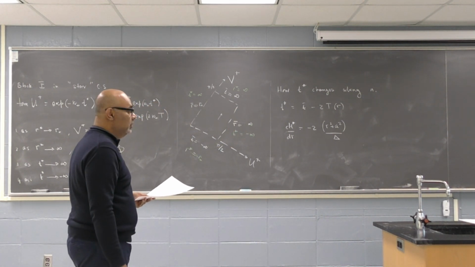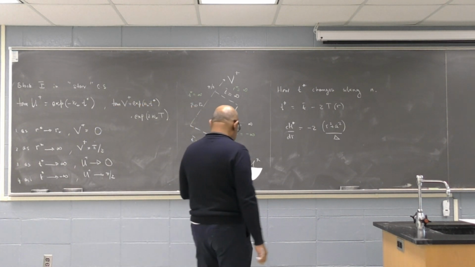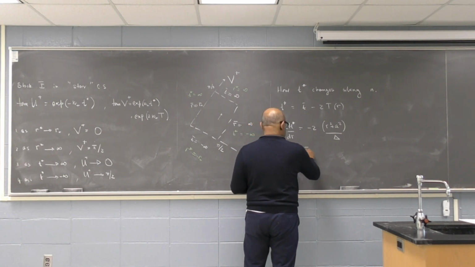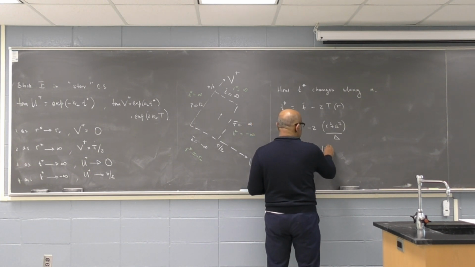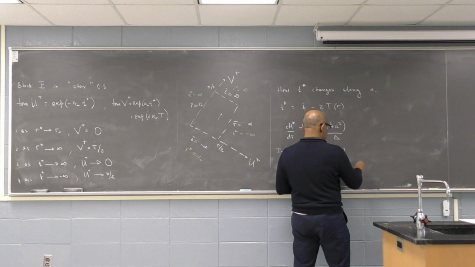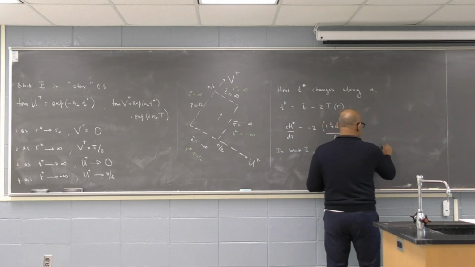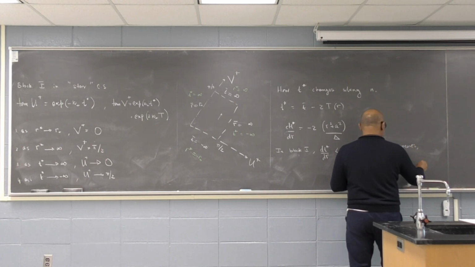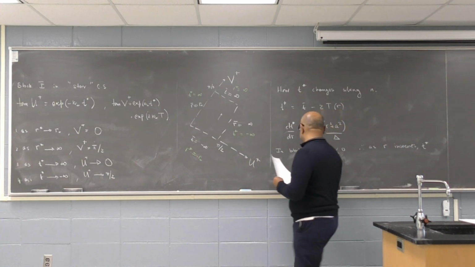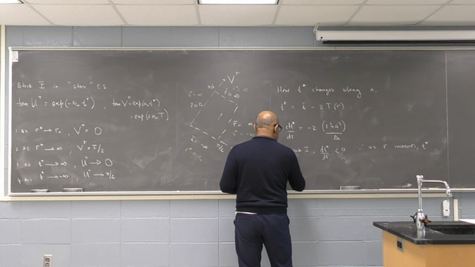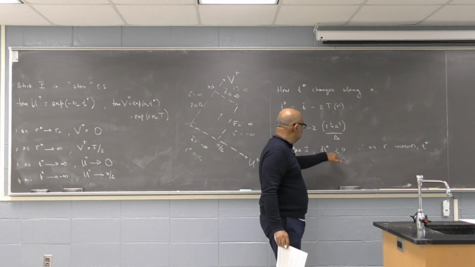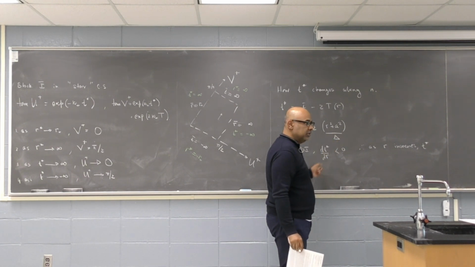So in block 1, delta is less than 0. Therefore, as r increases, t star decreases. Correct?